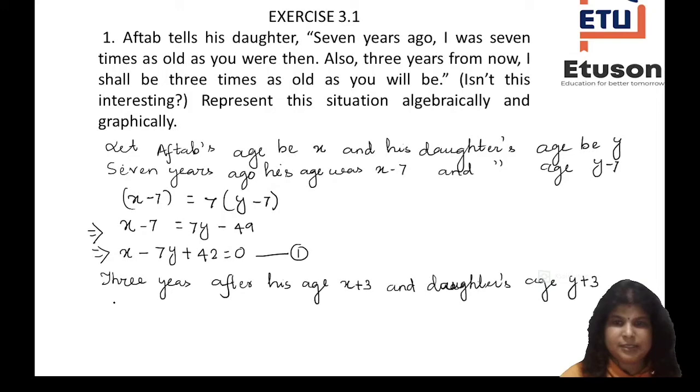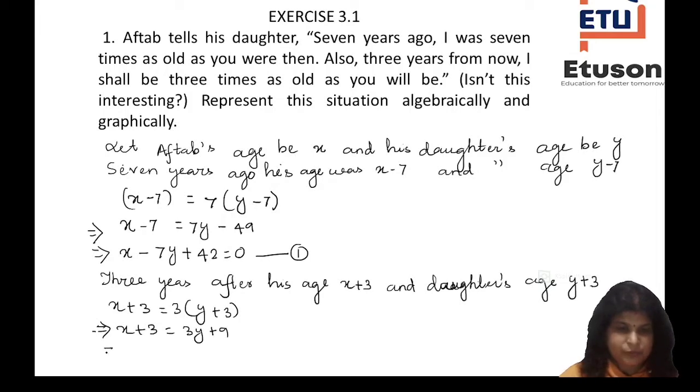So now what is their relationship? 3 years from now I shall be 3 times as old, so x plus 3 is equal to 3 times y plus 3. So now let us simplify it. You will get x plus 3 equal to 3y plus 9. So your second equation will be x minus 3y minus 6 is equal to 0. So this is your second equation. So this is how you represent the situation algebraically. So these are the two pair of equations.